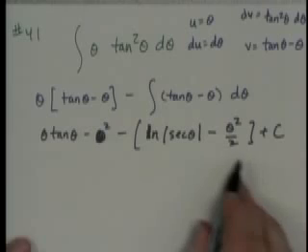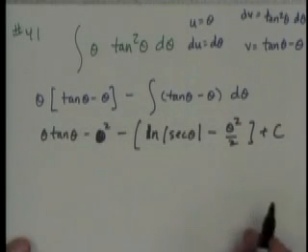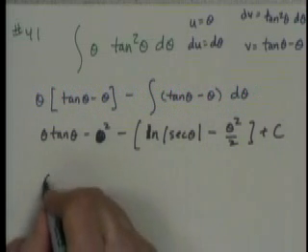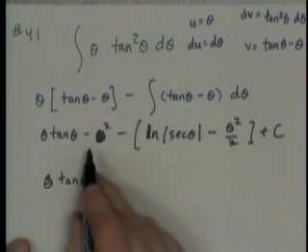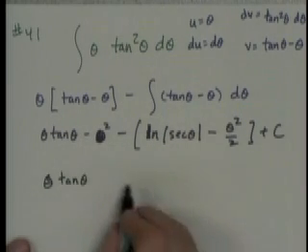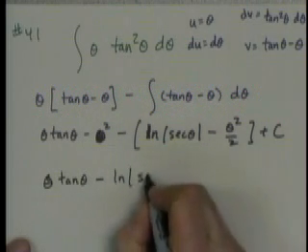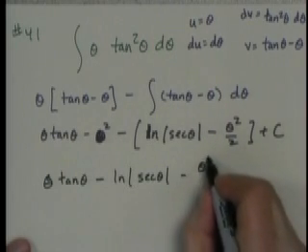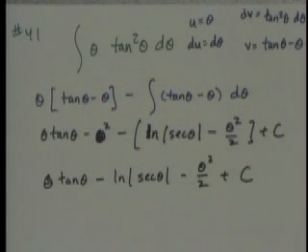So these theta squareds I can combine. This is theta squared plus theta squared over 2, which is just going to give me negative theta squared over 2. So depending on which order you want to put it, I get theta times tan theta minus natural log of secant theta minus theta squared over 2 plus some integration constant.